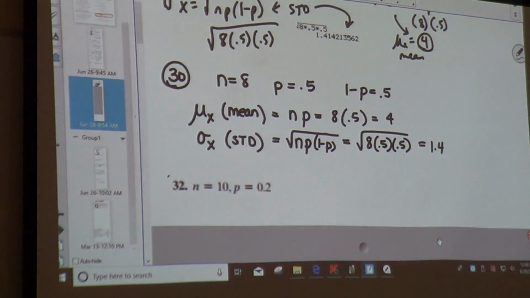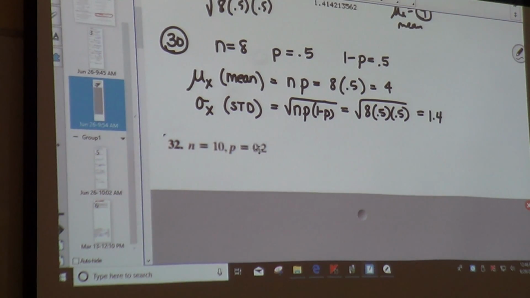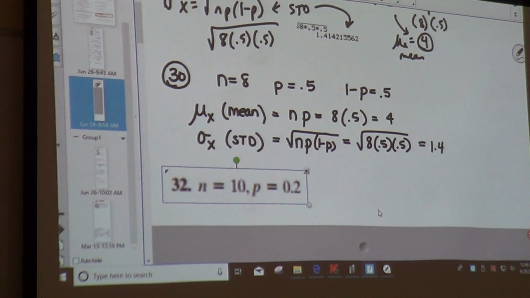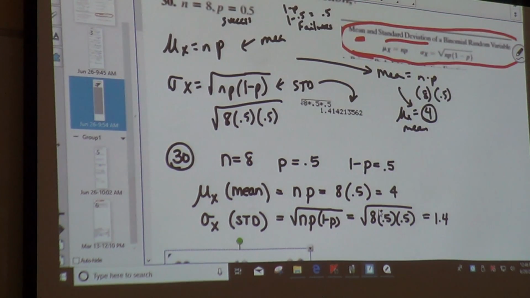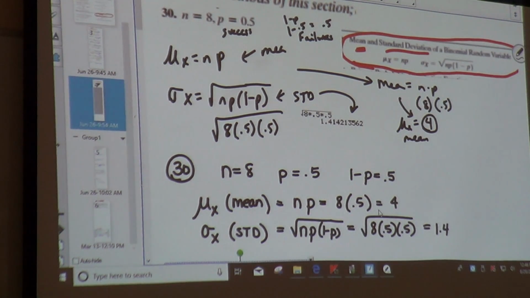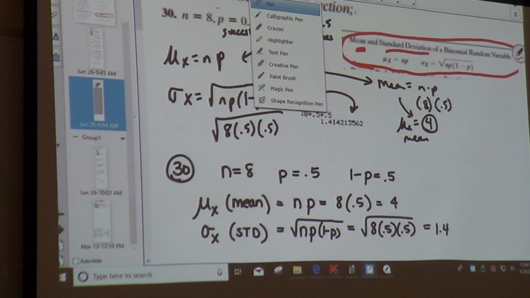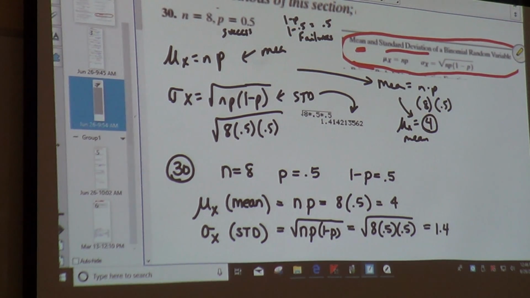All right, so let me let you do one. Well, hold on real quick. Just looking at that formula underneath that square root, why didn't we do 1 minus 0.5? I did, I actually did it over here. 1 minus 0.5 is 0.5. I'm just confused because it says np. Oh, because n times p. Never mind, I'm not confused anymore.